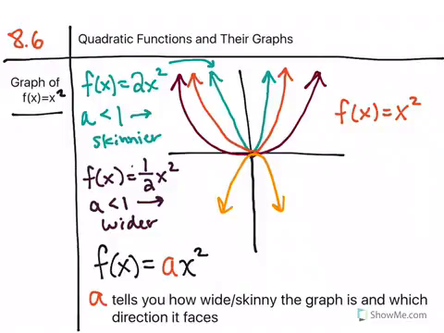In both of these cases, though, a is greater than 0. If a is less than 0, so a is a negative value, that's how we get this flipped upside down graph right here. Let's keep with the color scheme. If f(x) equals negative x squared, for example, that's when we get this upside down graph.